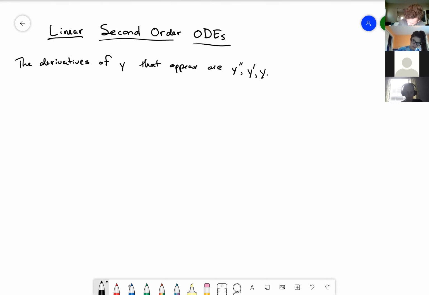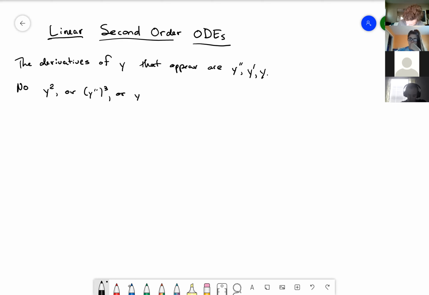The linear part means that when we look at the degree of each of the terms, if we think of y and y prime and y double prime as variables, then the highest order that we have is just 1. So there's no, for example, y squared or y double prime cubed or any product of the derivatives.